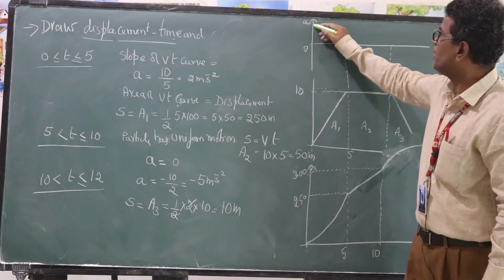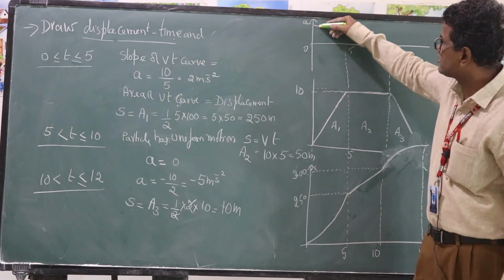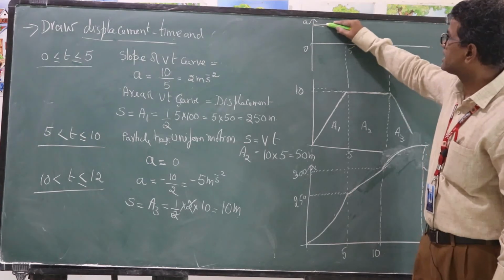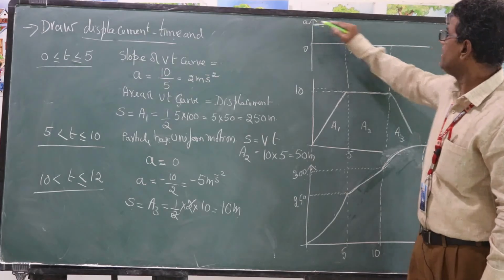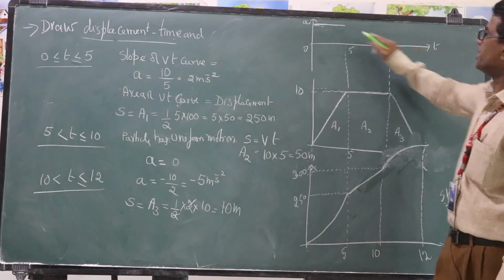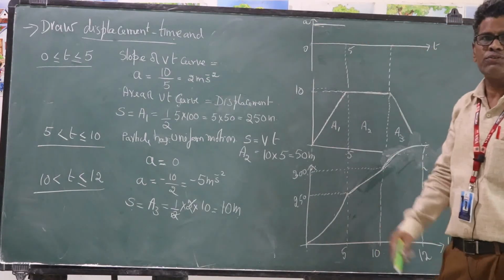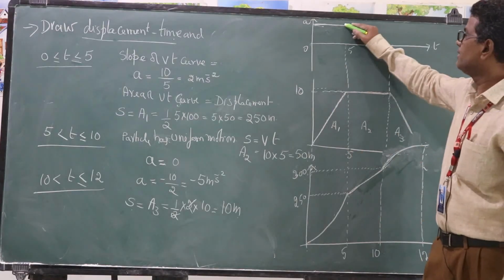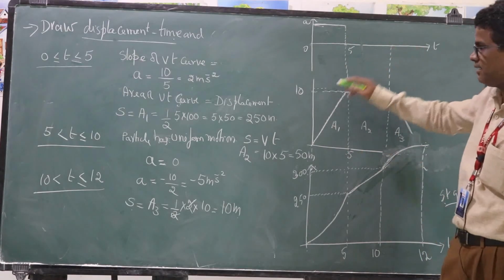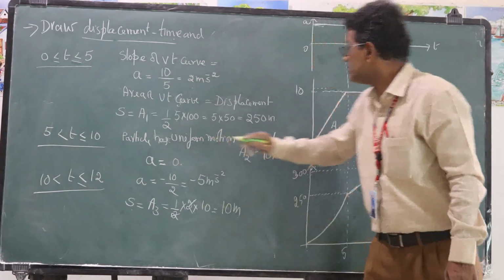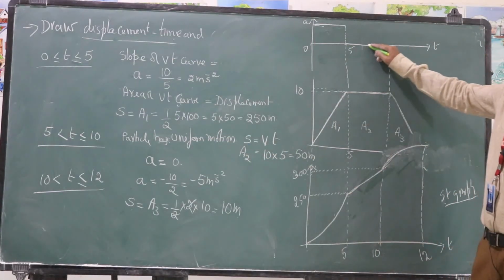Uniform means a straight line parallel to the x-axis. The shape of the a-t curve is a straight line. Then from 5 to 10 seconds, its acceleration is 0. So it is like this.